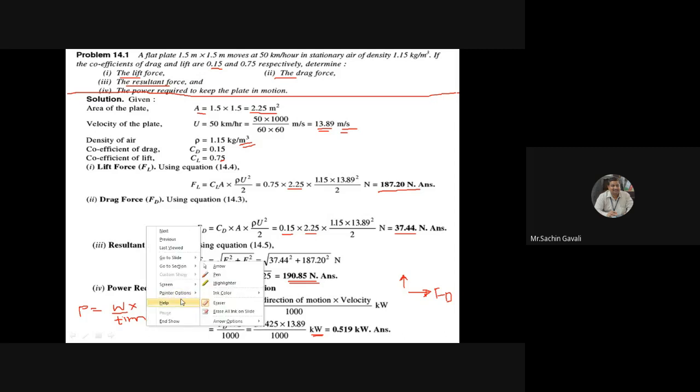And work is equal to force into displacement, divided by time. So therefore it will become FD into U divided by 1000.